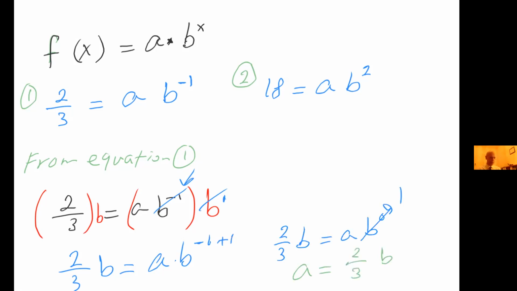Let me go to the next page and continue. Knowing that a equals 2/3 of b, I can substitute this into the second equation. In the second equation, we had 18 equals a b to the second.